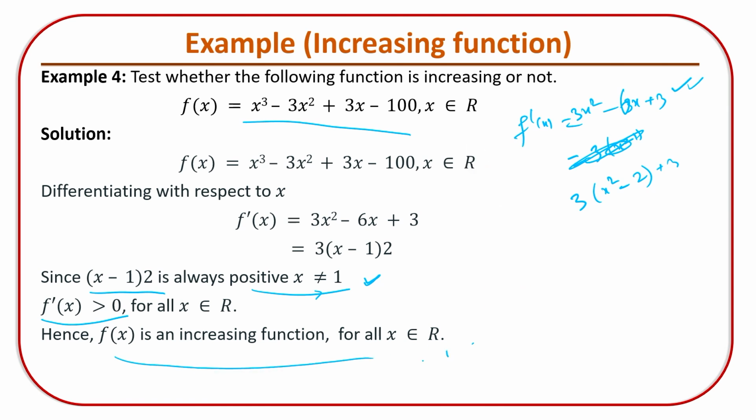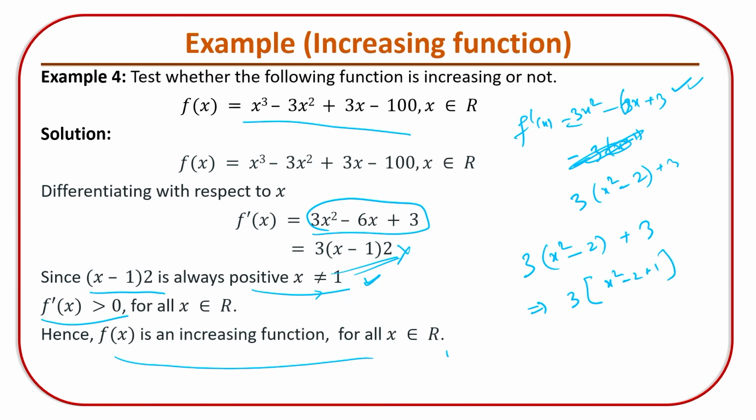Okay, so let me give you some idea why it is written like this. This is not the way to write this one. So 3 times x square minus 2x plus 3. This is common, so this comes out to be 3 times x square minus 2x plus 1, right? So this gives you 3 times x minus 1 whole square.